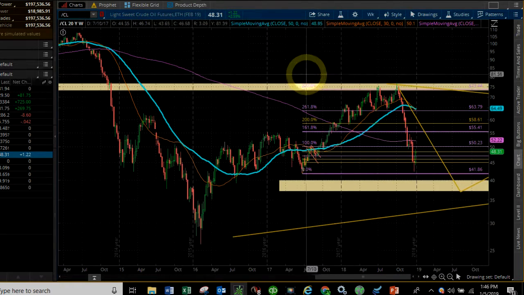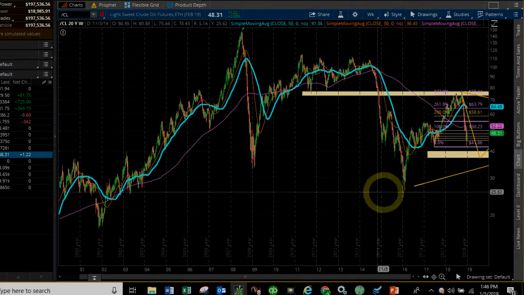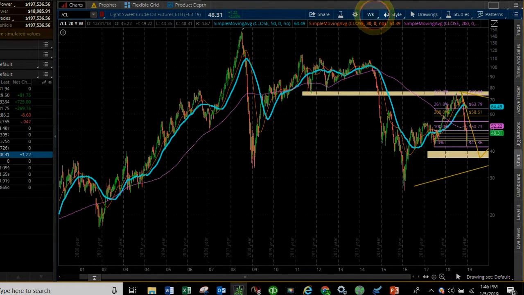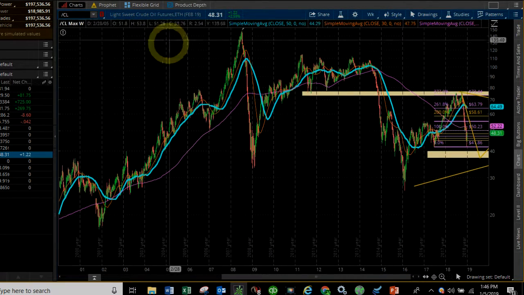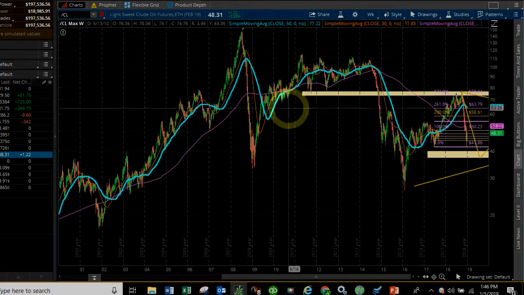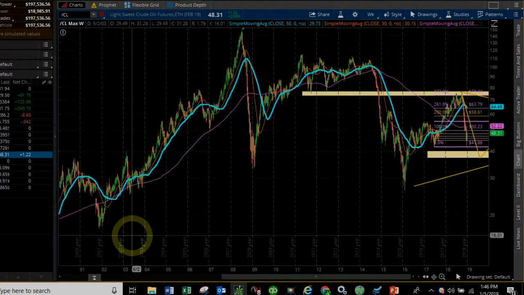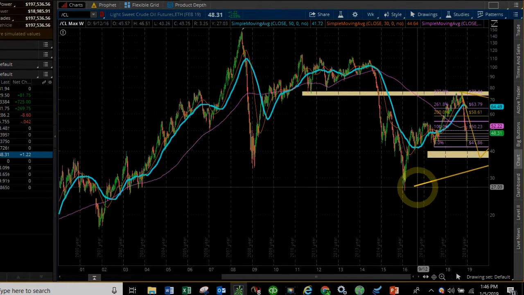Ultimately, I think oil is going to make new lows somewhere below. I need to get on a much larger chart. For some reason, it's not letting me go out very far. But I think oil is going to ultimately make new lows back below the previous fourth wave low. This is potentially a new fourth wave.